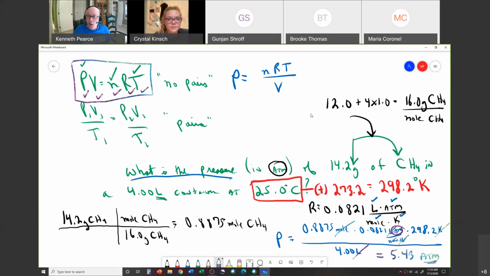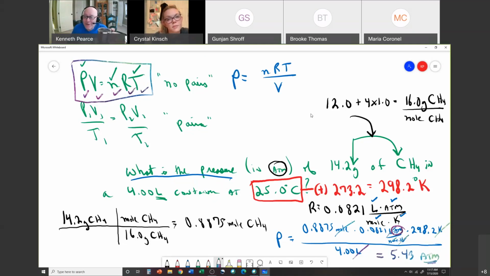You're going to have to convert one or more of them into the proper units. I can guarantee you, no problem will you ever see where the temperature's in Kelvin. It's always going to be in degrees Celsius or Fahrenheit.